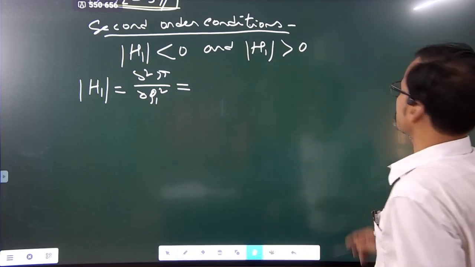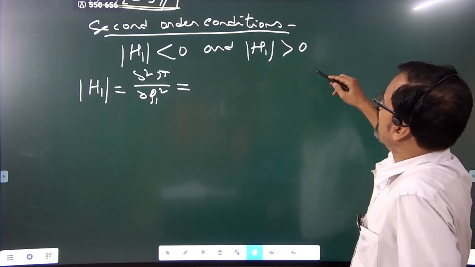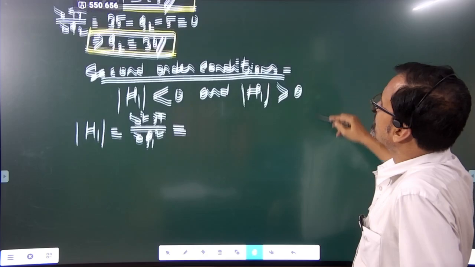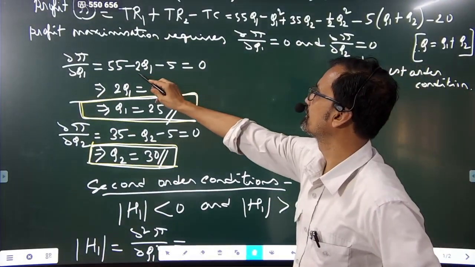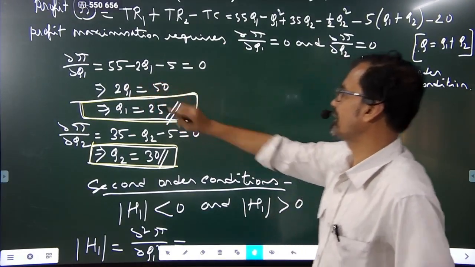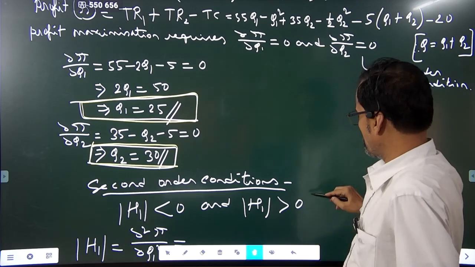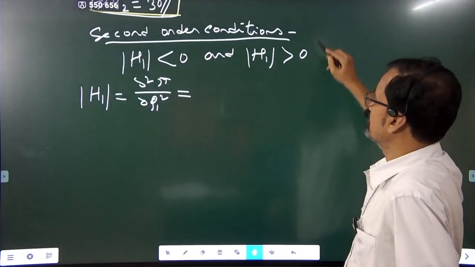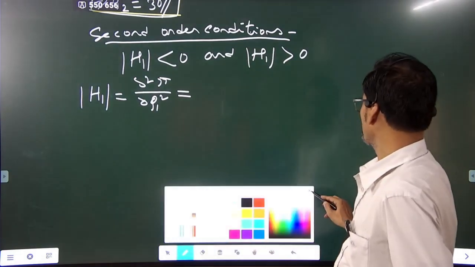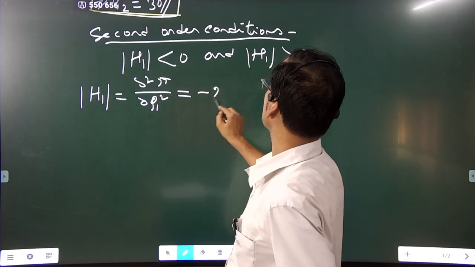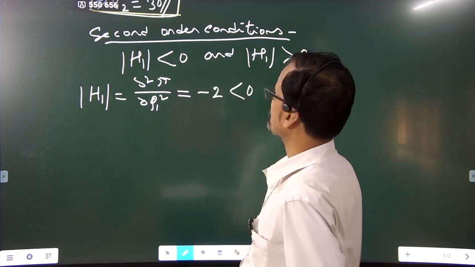When we differentiate the second time with respect to q1, we will get -2, which is less than 0. So the first is satisfied.